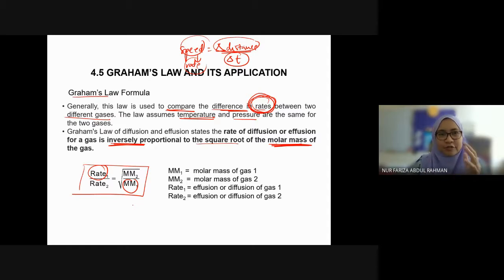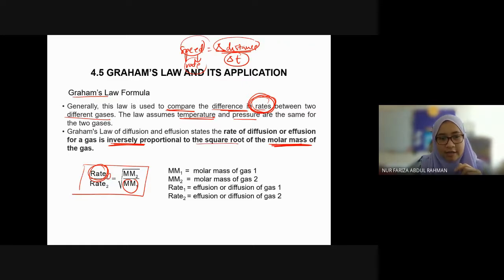Because it is heavy, the time taken for the particle to travel will be longer. And what happens to the rate? The value of the rate will become smaller, because it is inversely proportional.